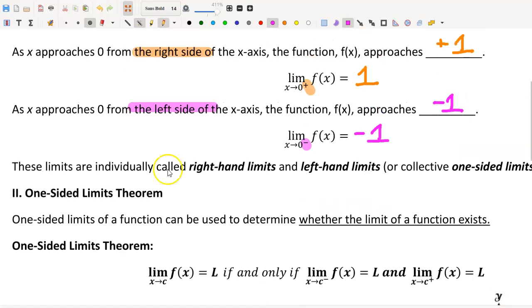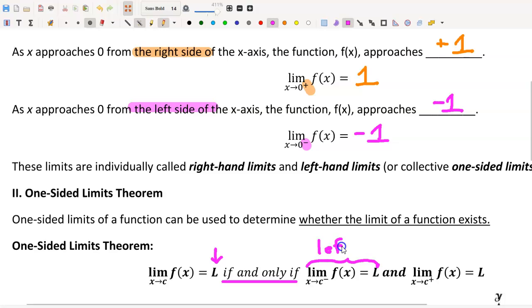So the formal definition of a limit right here is laid out: a limit only exists if the right hand and the left hand, this would be the left hand right here, the left side and the right side are the same number. So that's all this jargon means.